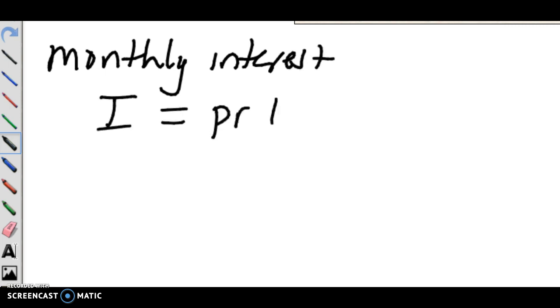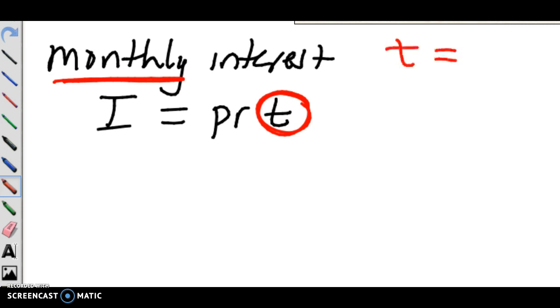I equals PRT. And in this case, since we're trying to find the monthly interest, our time is 1 month. Remember that usually the interest is expressed in a year, so 1 month is 1/12 of a year.